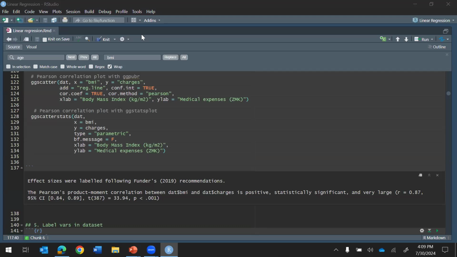What should be the scale of your variables when you're doing correlation? Should they be categorical? Should they be continuous? Should they be ordinal or what? Leah, what should they be?